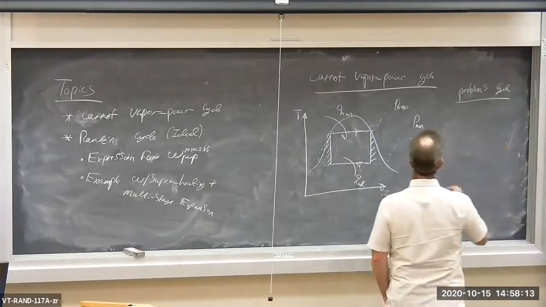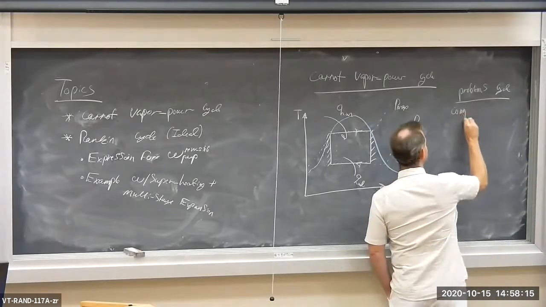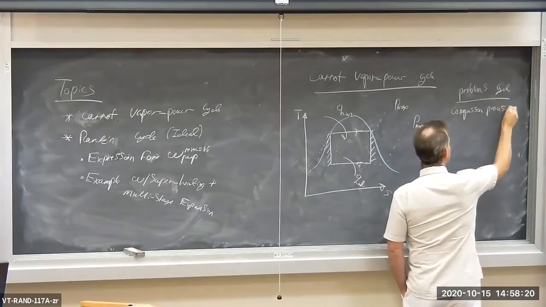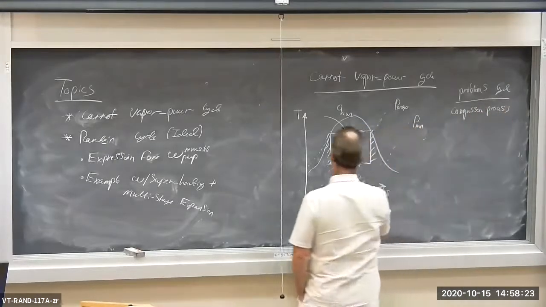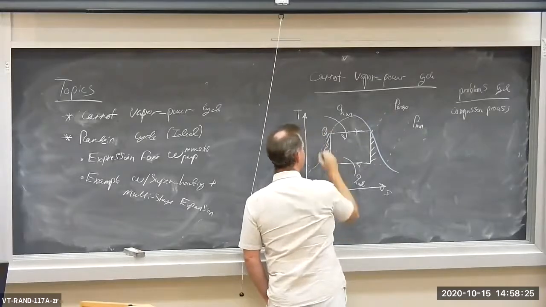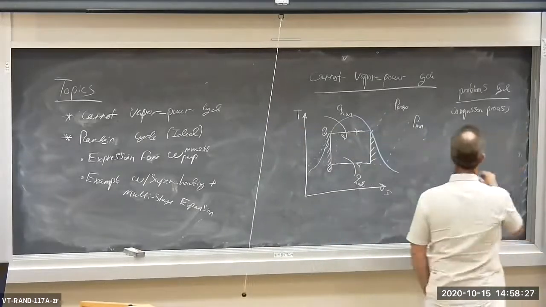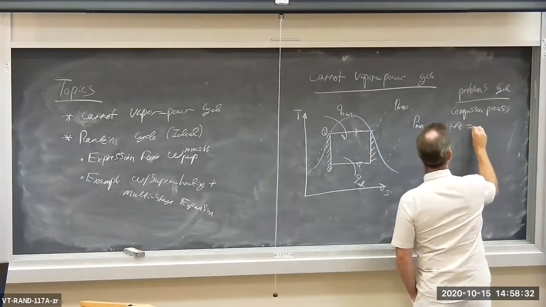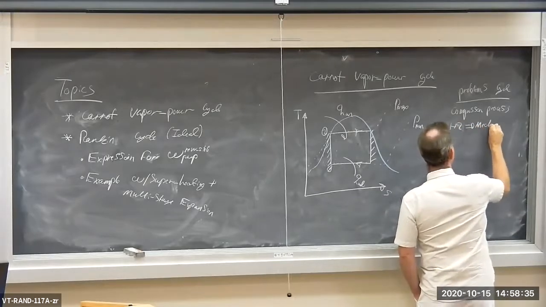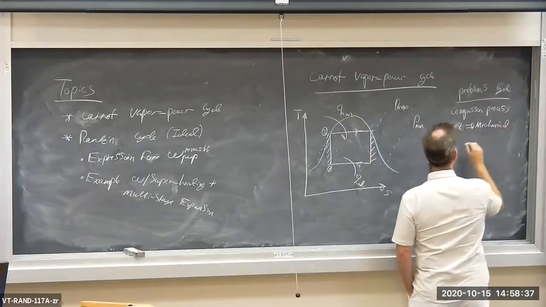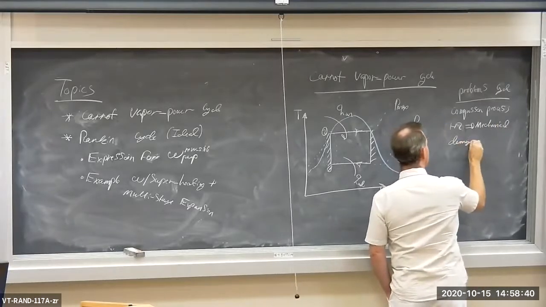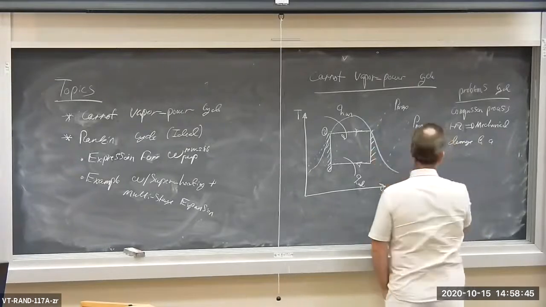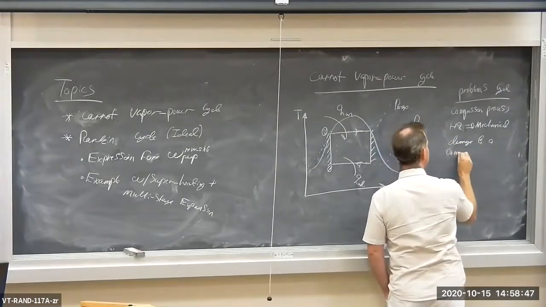So the compression process from state 1 to state 2 will result in significant mechanical damage to a compressor or a pump, because we have a mixture of the two.